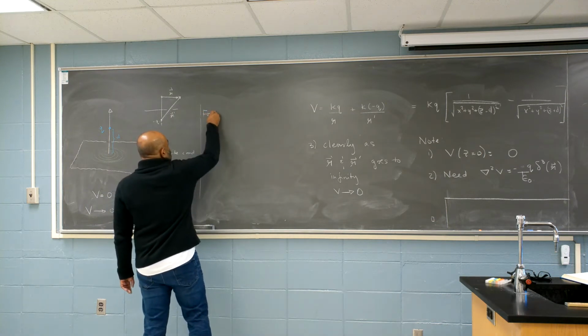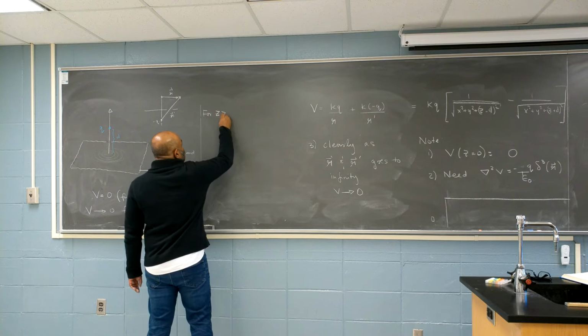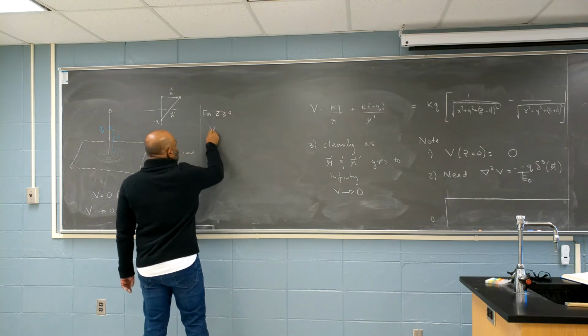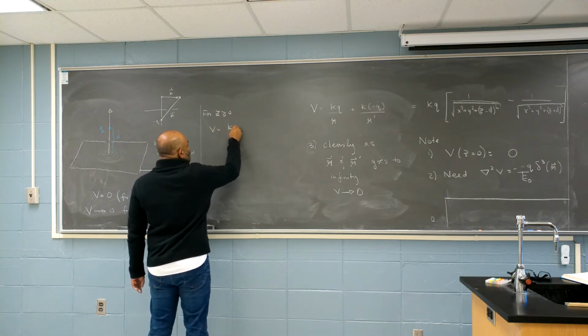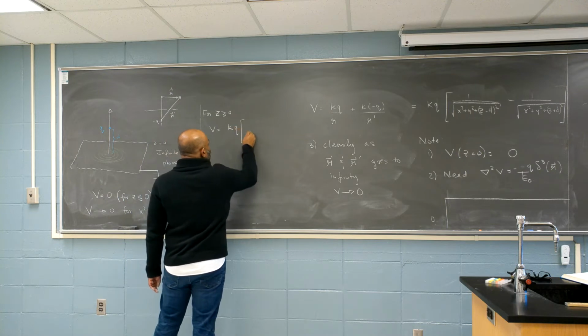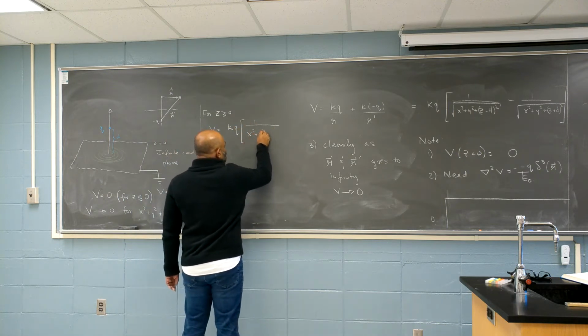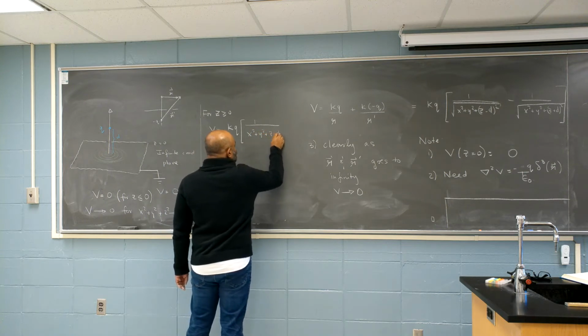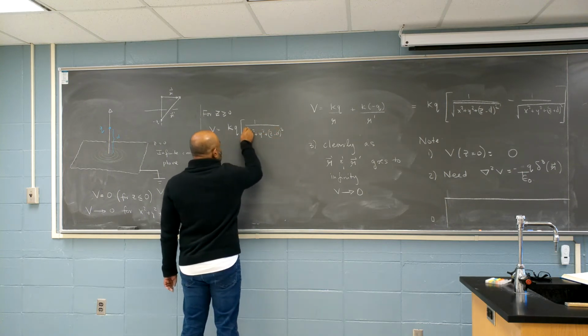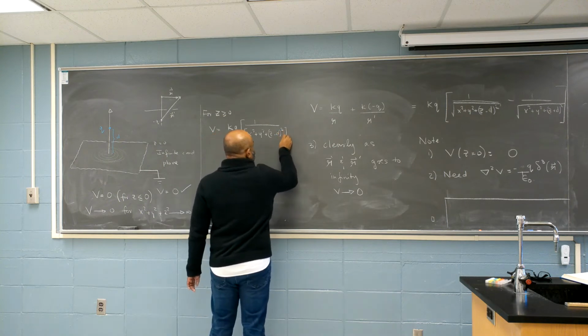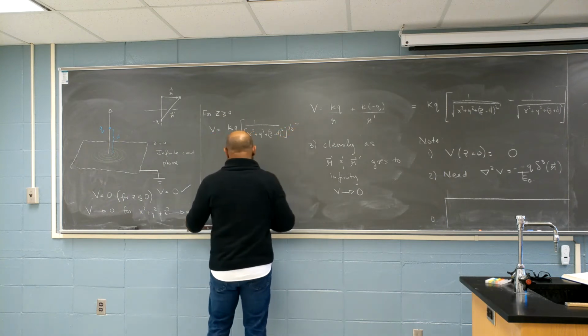For z greater than or equal to 0, V equals kq. I'm just copying that formula down. X squared plus y squared plus z minus d squared, to the minus 1/2.